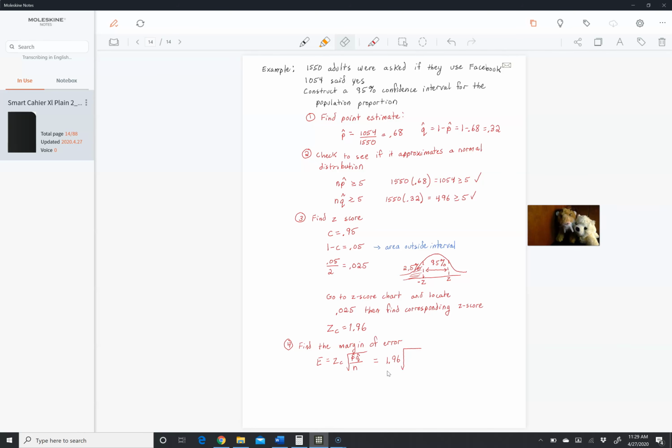P hat, we already said, is 0.68. Q hat is 0.32. And our sample size is 1,550. So we get 0.023 as our answer. That's our margin of error. And the last step is to construct the interval.